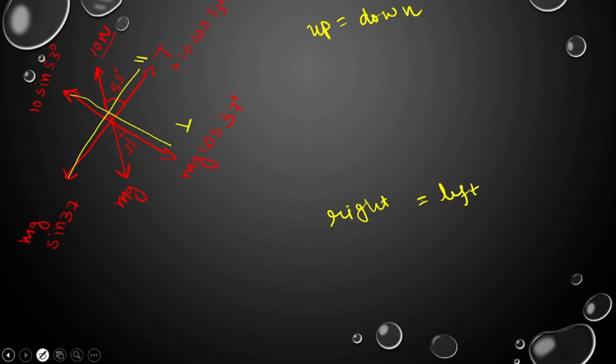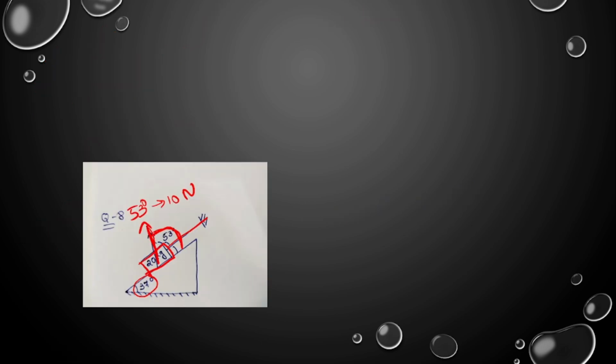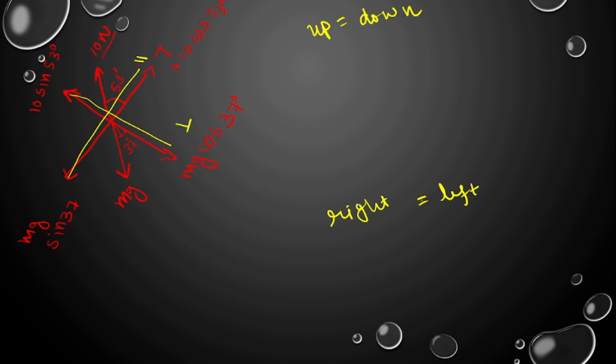So we are writing our common formula, up equals to down, and then we will write right equals to left. But before that, let us check, have we gathered all the data? mg is there, tension is there, and the external force is there. Okay, no other forces: mg, tension, external force.